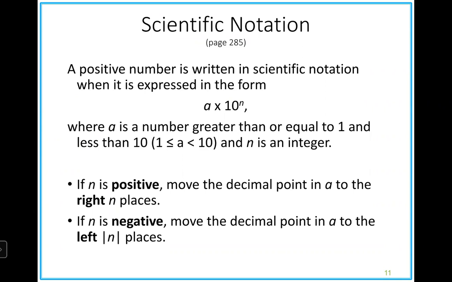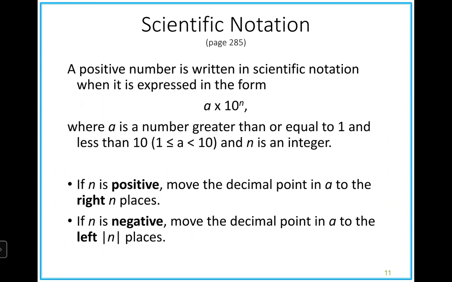It says a positive number is written in scientific notation when it's expressed in the form a times 10 to the n. So that's 10 to some power, where a is a number greater than or equal to 1 and less than 10. So a must fall between 1 and 10. And n is an integer, which means n could be positive or negative.